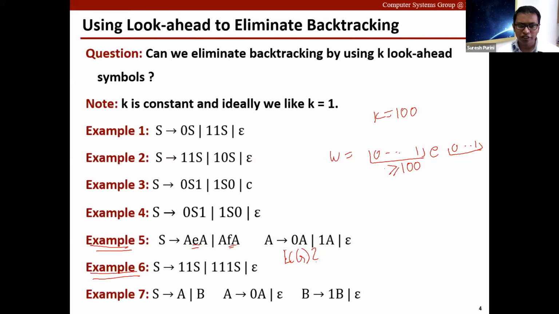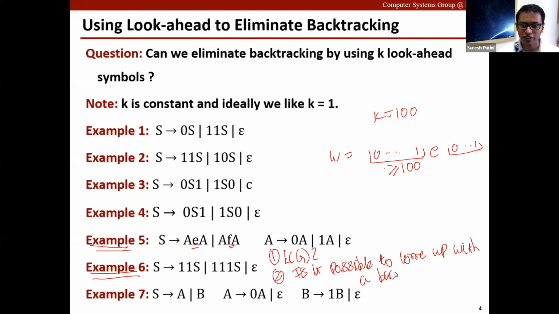The second question is, is it possible to come up with a backtrack-free parsing strategy for the language described by this grammar?